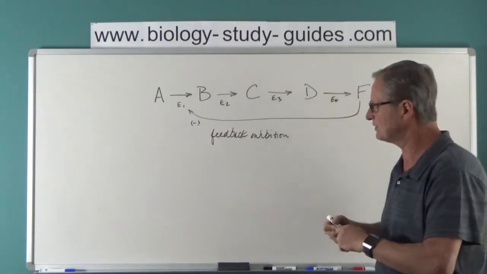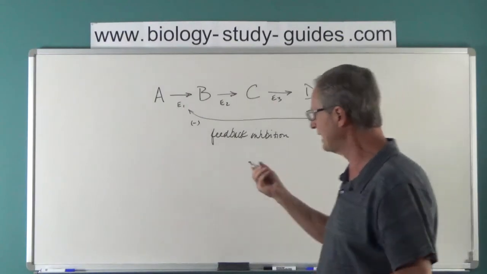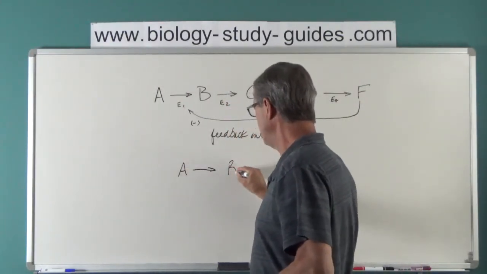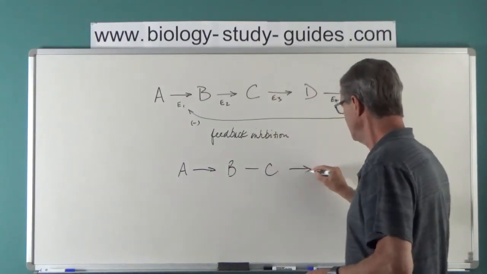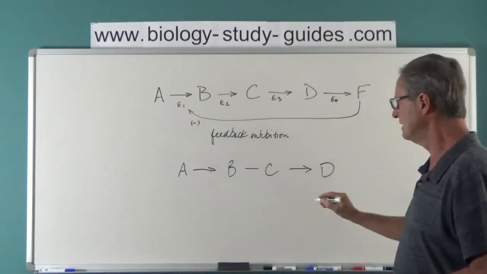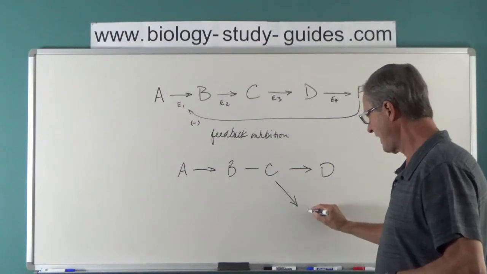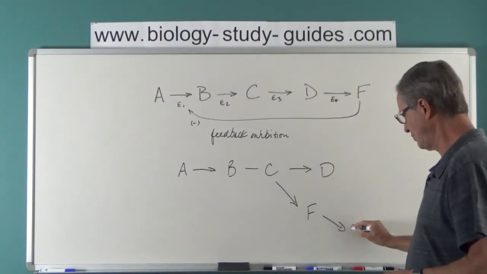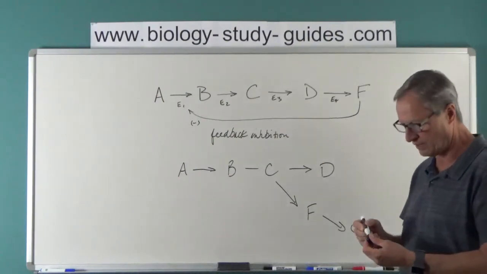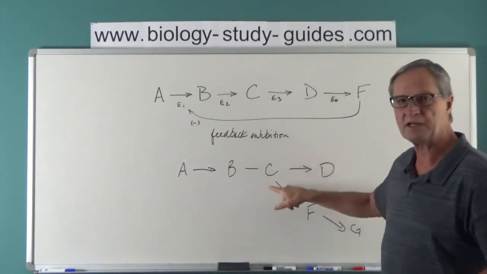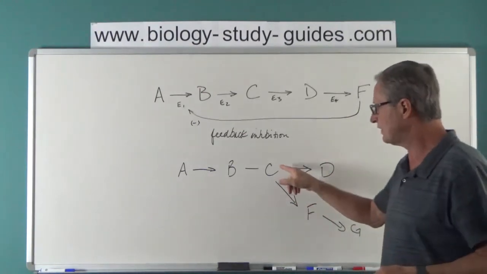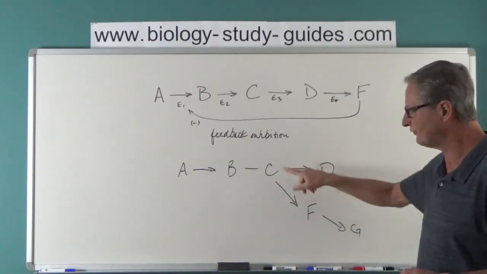Let me give you another example. Let's suppose that we had a metabolic pathway that was A, B, C, D, F, G, something like that, where this intermediate here could, depending on the cell's needs, be converted into either of two different substances.